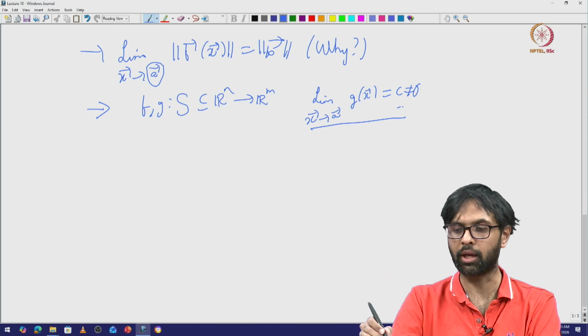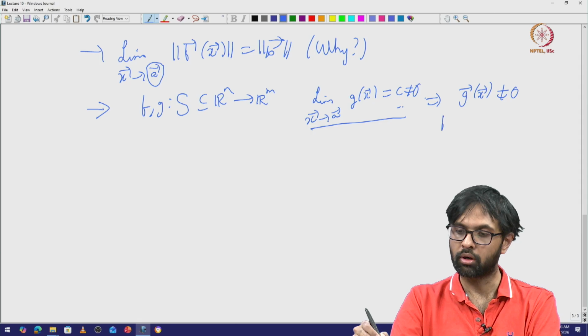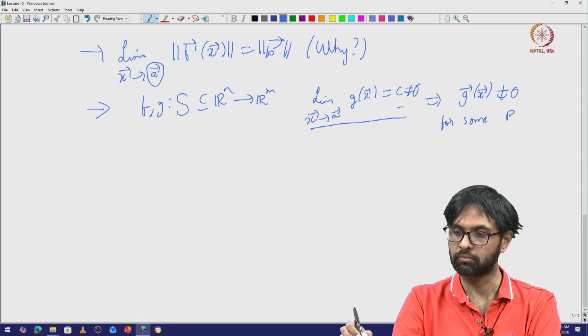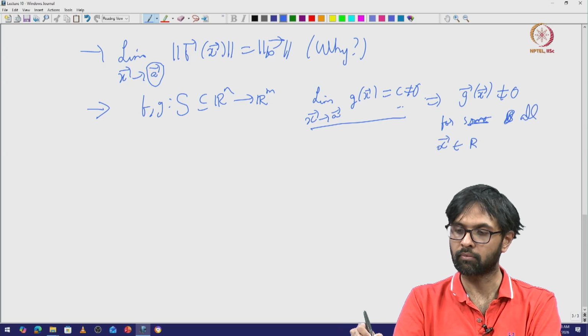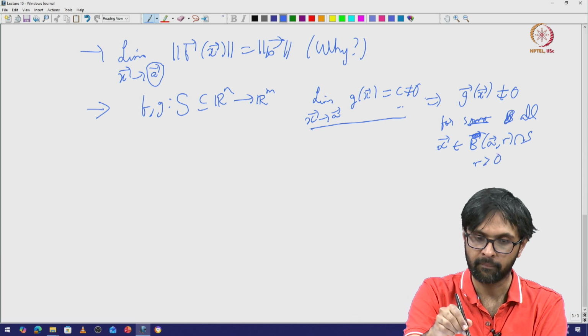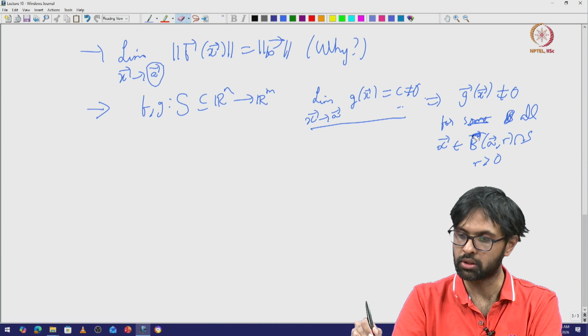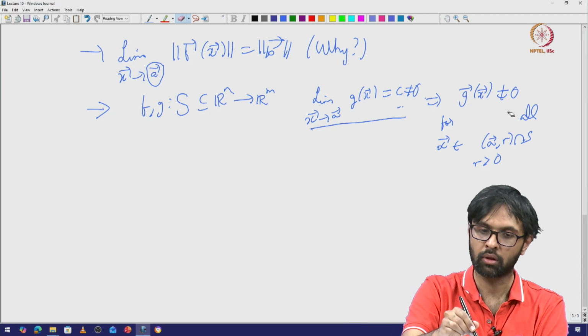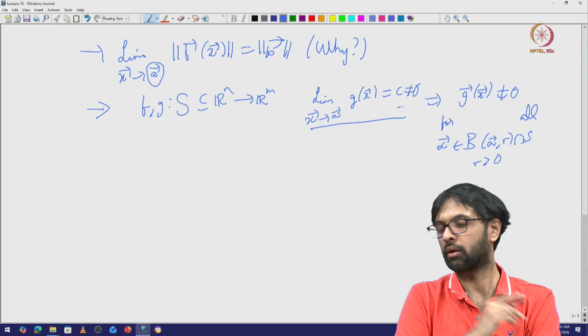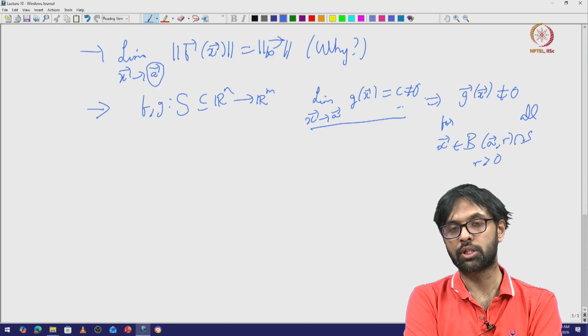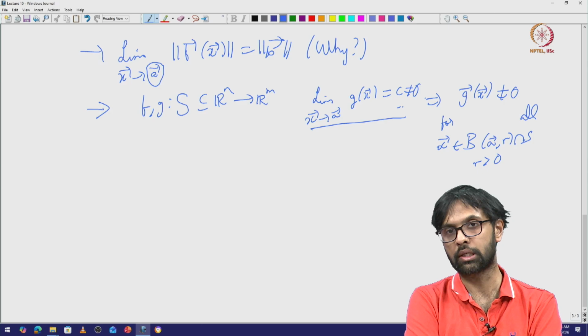This implies g of x is non-zero for all x in some open ball intersected with S. For all such x, g of x is non-zero.